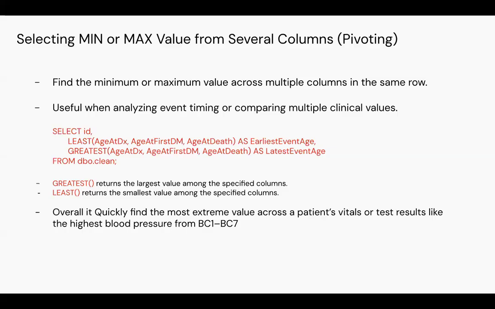So here I give an example of using dbo.clean by trying to find the earliest event age to the latest event age. The greatest returns the largest value and the least returns the smallest value. Overall, we can use this by finding the most extreme value across a patient's vital or test results, like the highest blood pressure between the two columns.